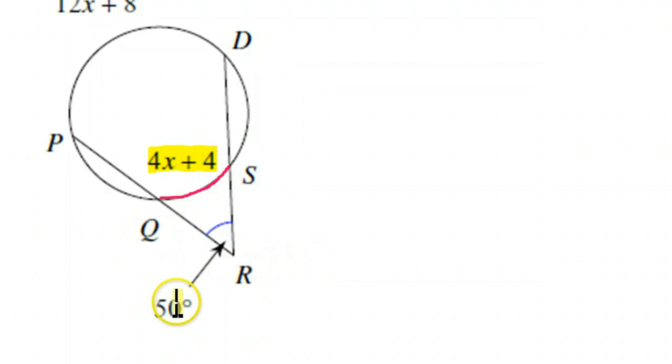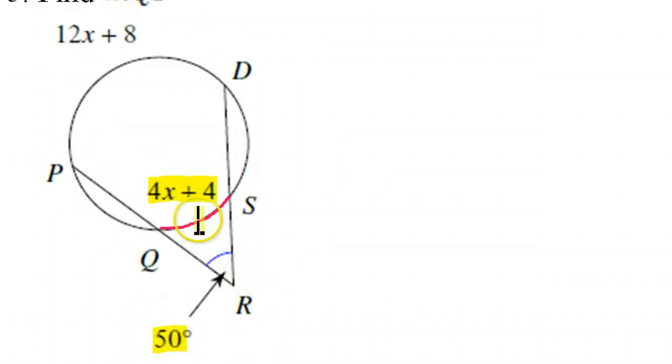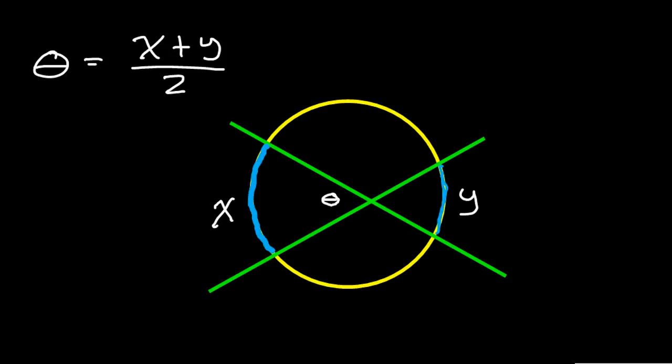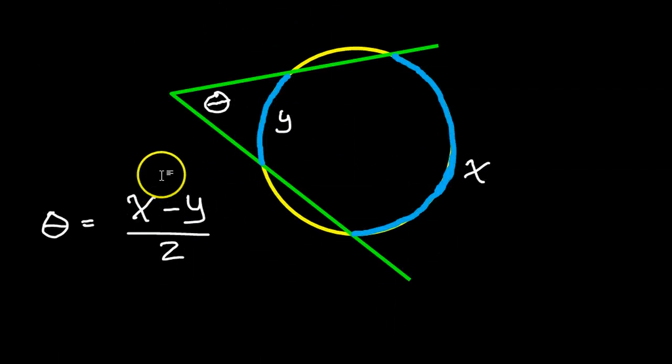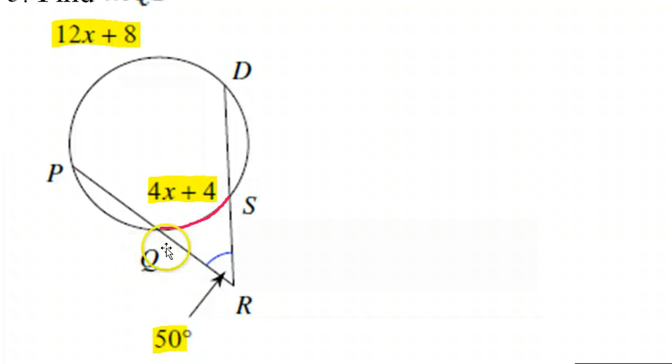I've got this 50 right here, and I've got this 12x plus 8. These are the three things that I'm dealing with. Now, this is outside the circle, so we're dealing with the formula that says angle is equal to big arc minus small arc divided by 2. So don't be scared that these aren't just numbers.